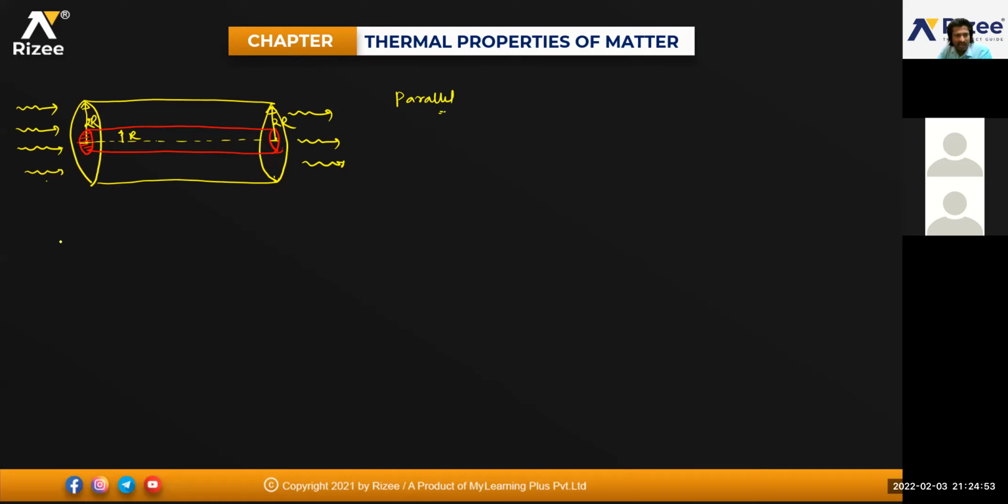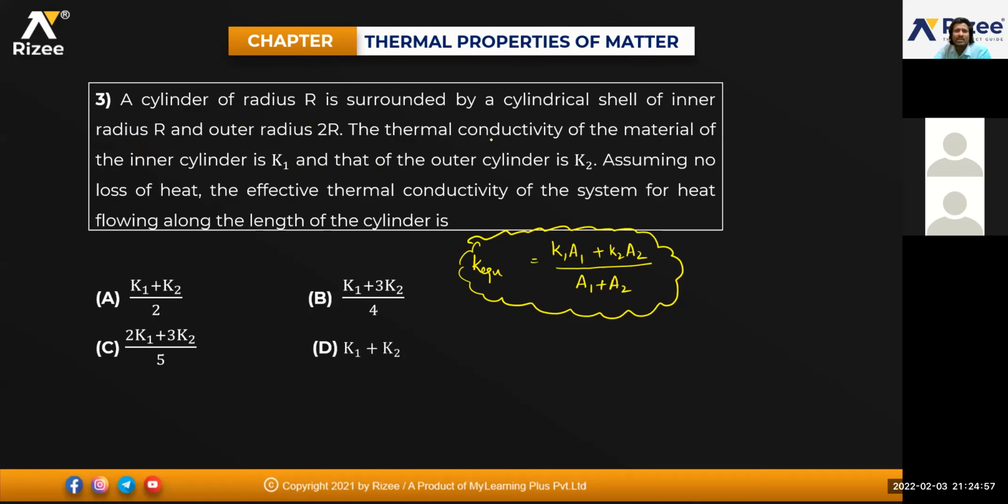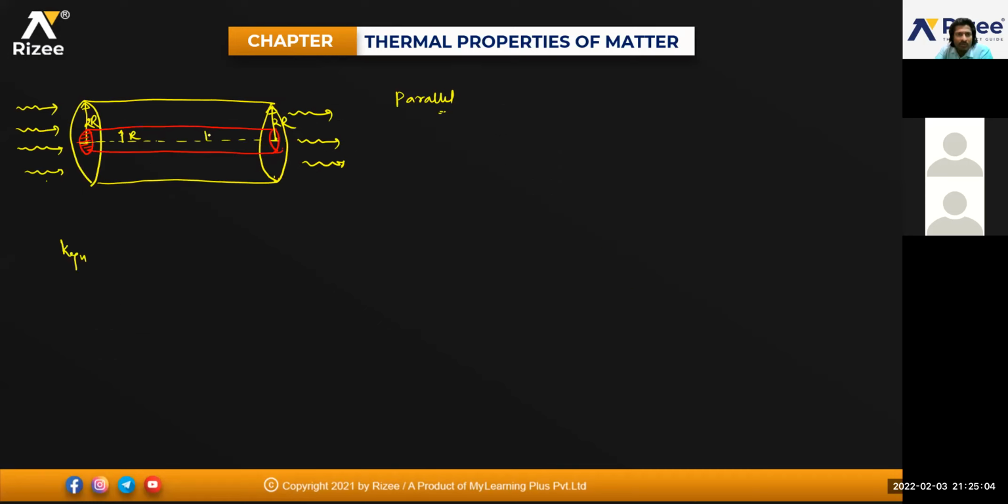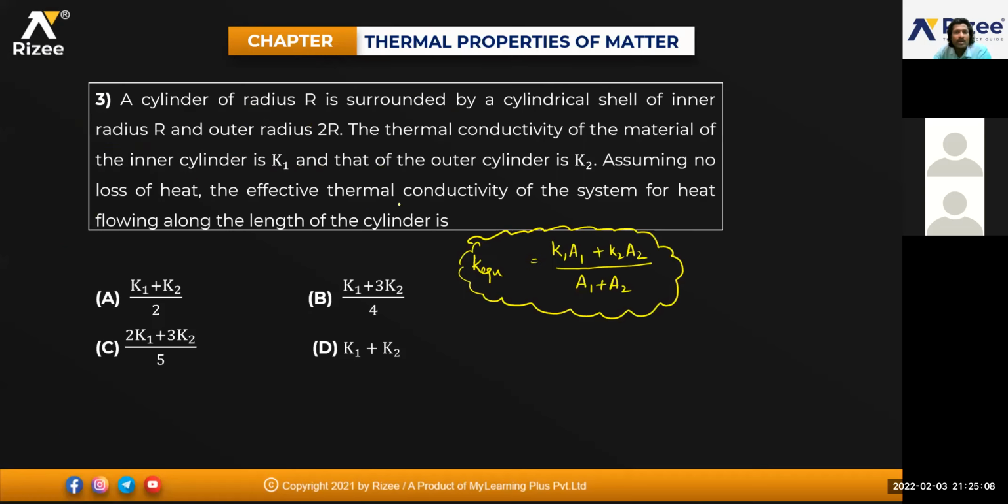So I can write K equivalent. What are the thermal conductivities? The thermal conductivity of the metal of the inner shell is K1 and that of the outer one is K2. Assuming there is no loss of heat, the effective thermal conductivity of the system for the heat flowing along the length of the cylinder is how much?